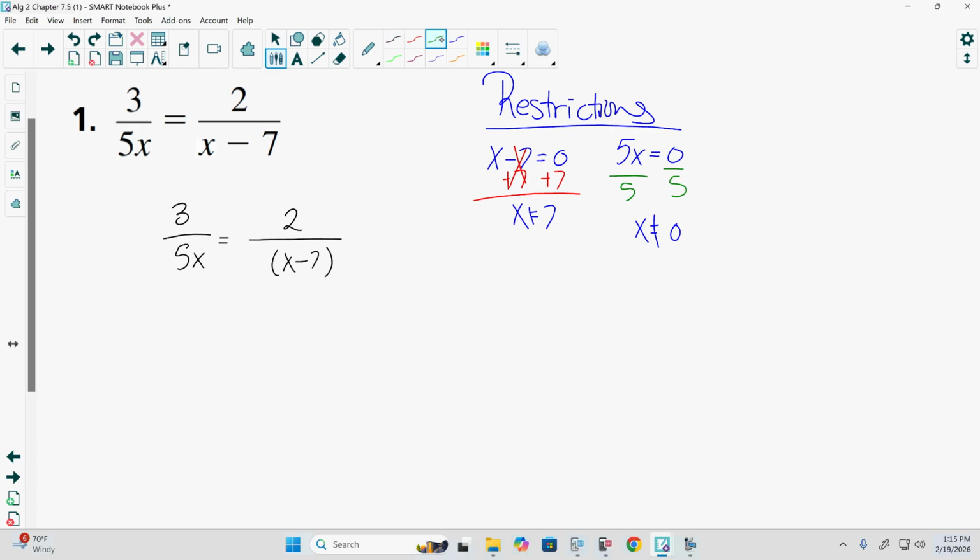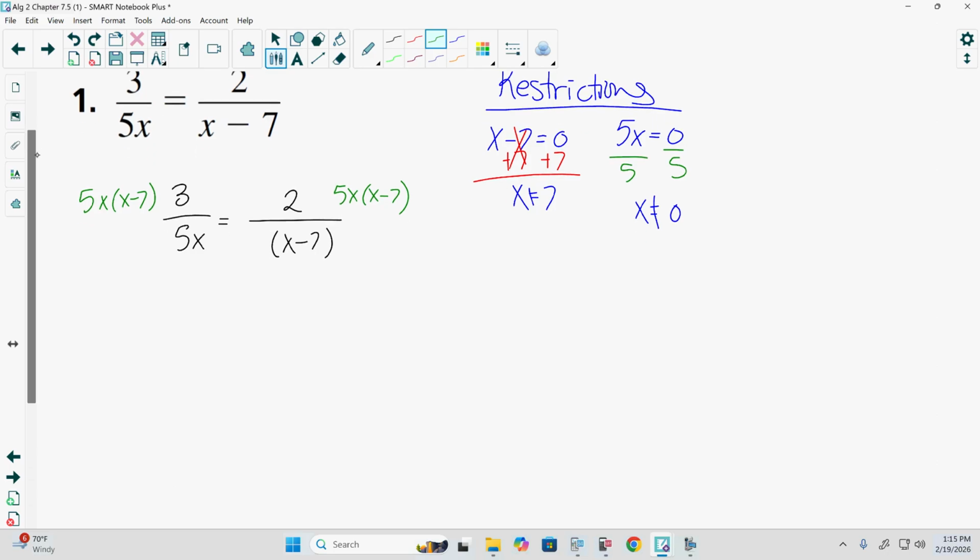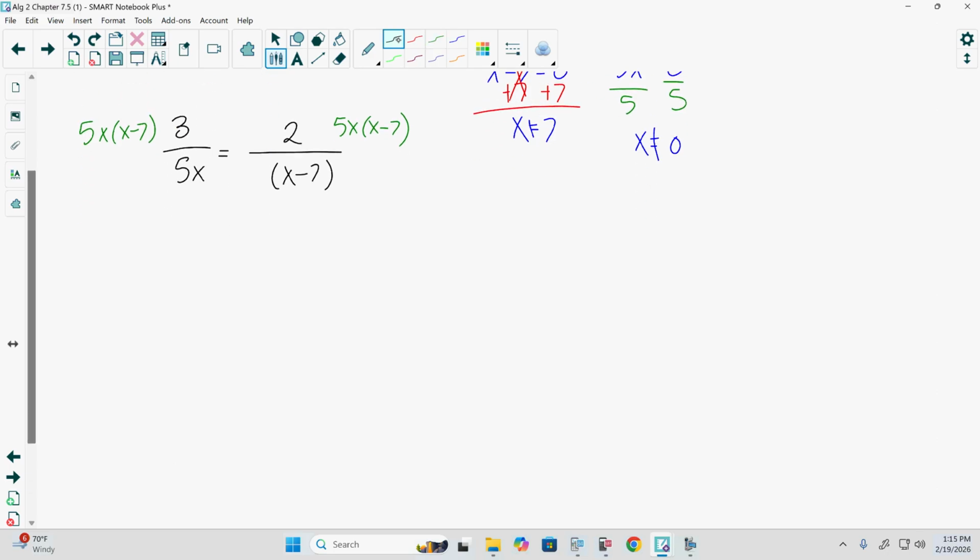What are we going to need to multiply through by to get these fractions to simplify? 5x and x minus 7. Now, on the last few, and this one here, I'm going to start it off the same way.